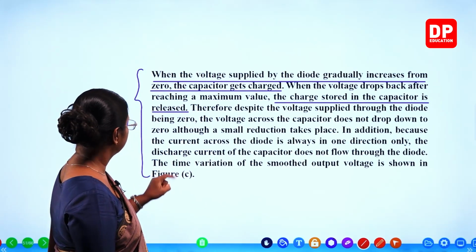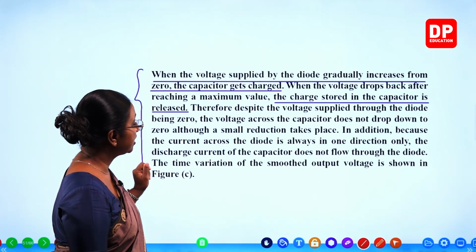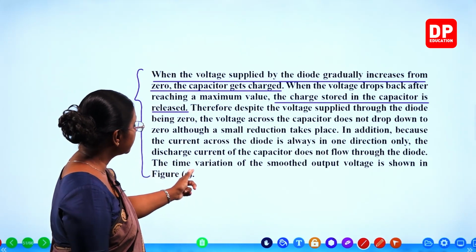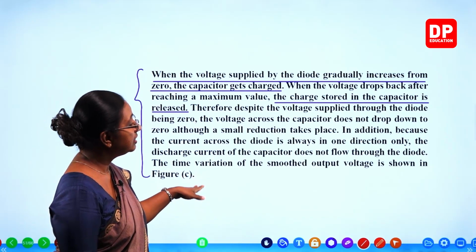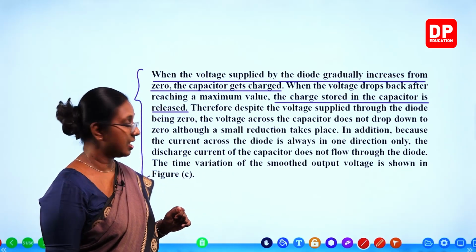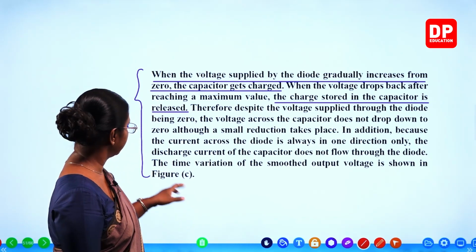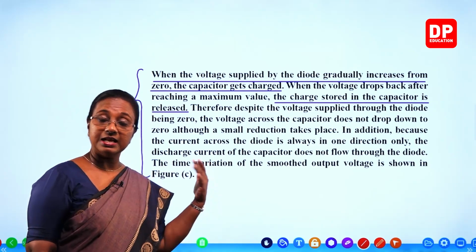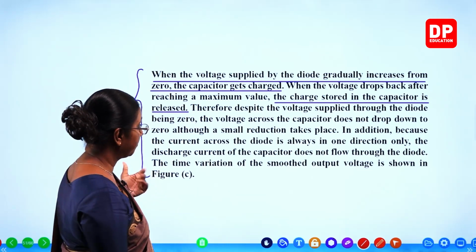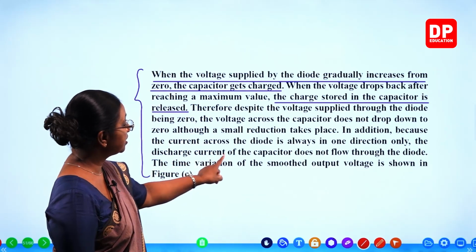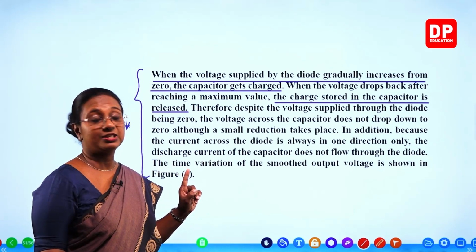In addition, because the current across the diode is always in one direction only, the discharge current of the capacitor does not flow through the diode. The time variation of the smooth output voltage is shown in figure C. That is what we saw in the previous one. So here you have to remember, students, because the current across the diode is always in one direction.